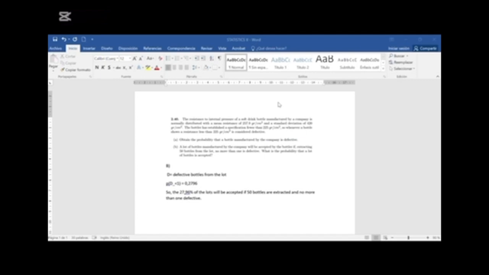First of all, we define D as the number of defective bottles from the lot, and the probability we are looking for is the probability of D being less than or equal to 1. Using R Commander, we obtain that the probability is 27.96%.